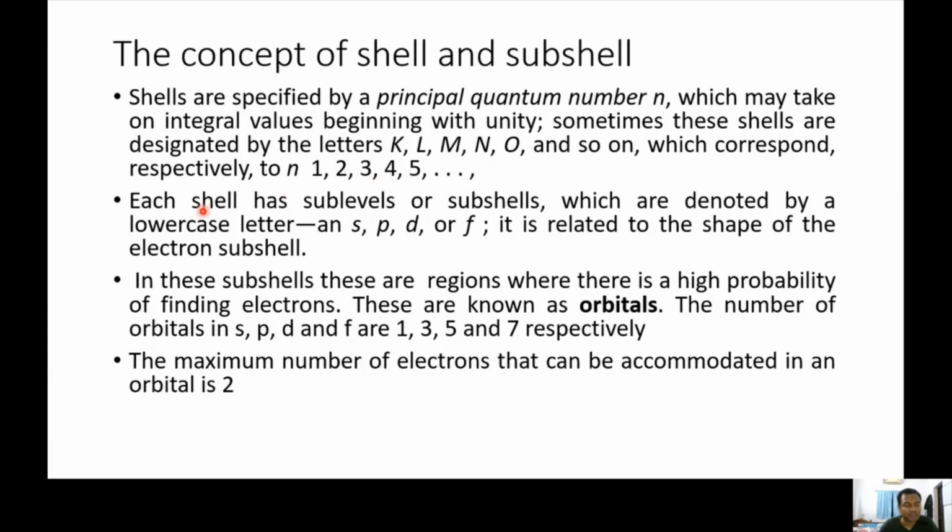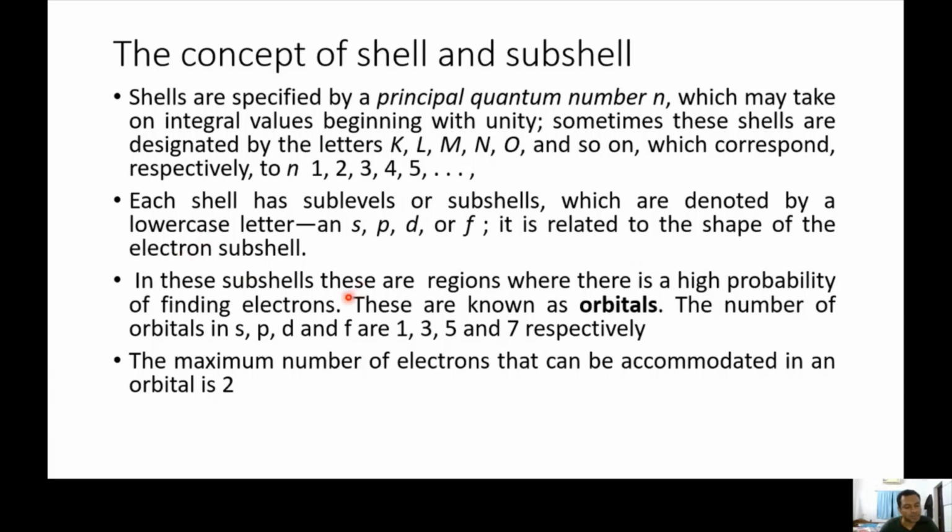Again, each shell is subdivided into subshells. Inside the shell there are subshells, which are denoted by lowercase letters such as s, p, d, or f. Each of these letters represents the shape of the subshell. For example, s has a spherical shape, p has a dumbbell shape, and d and f have some complicated shapes.